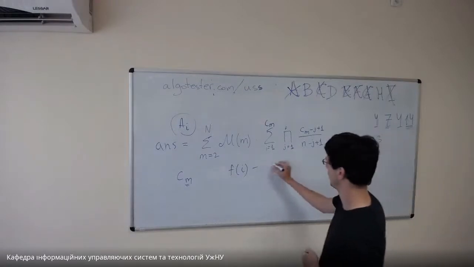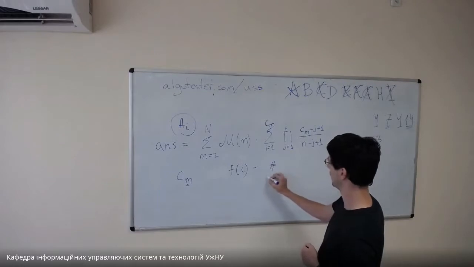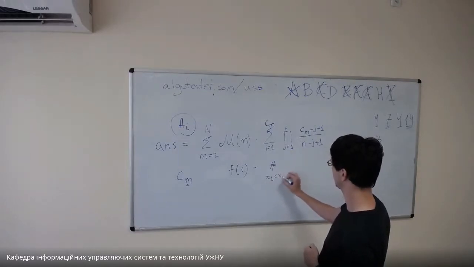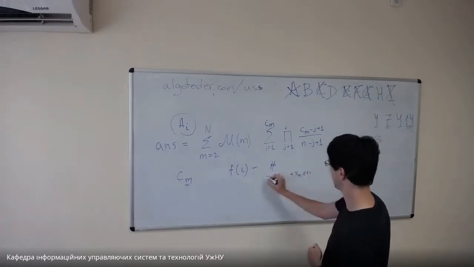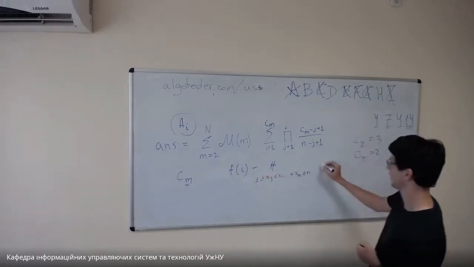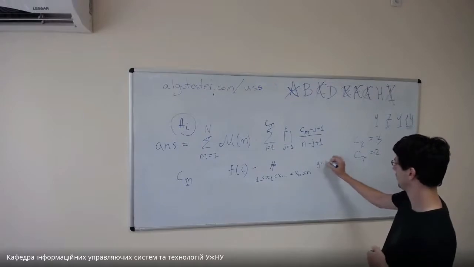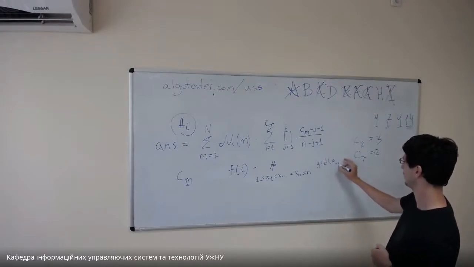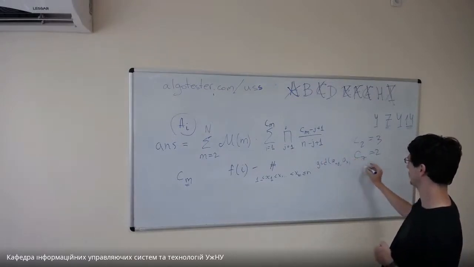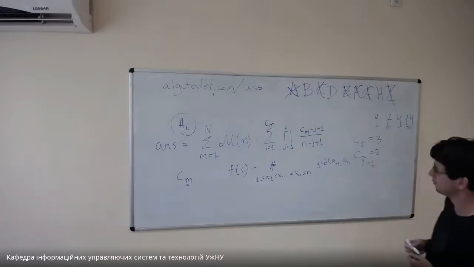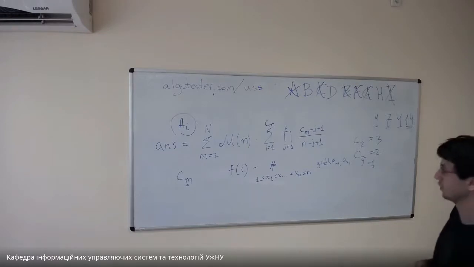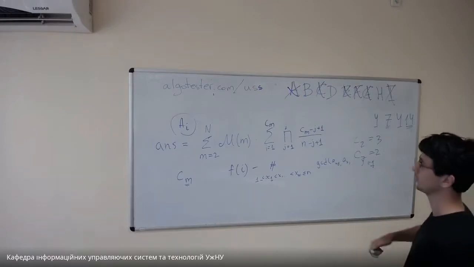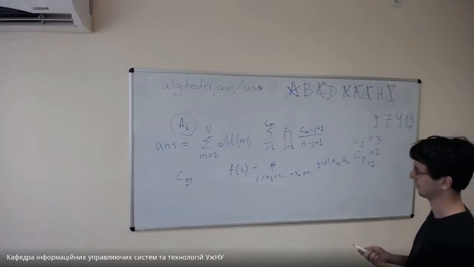So it is the number of x1 less than x2 and so on, such that GCD of a x1, a x2, and so on is equal to 1. How to calculate this thing? We don't know how to calculate this directly, but we can calculate the complement.